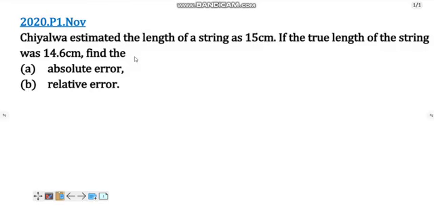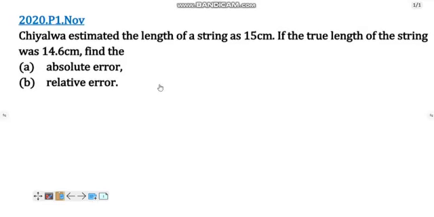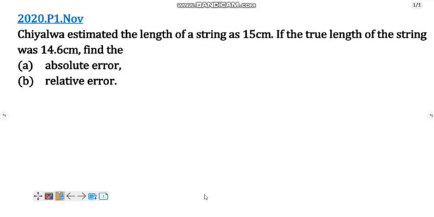First thing, we need to take note of the formula that we can use to find the absolute error. So we are starting with our question A. How do we find the absolute error? To find the absolute error, we need to use a formula. Here, we need to check what you have been given.